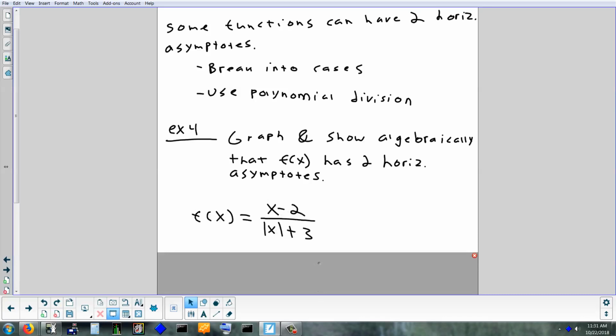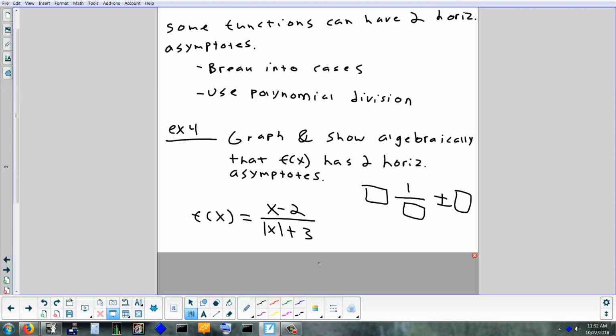And in general, when we write a rational function, we always want it to look something like this: 1 over, and you might have something here, here, and here. Depending on what you put in front, that can change your vertical stretch.